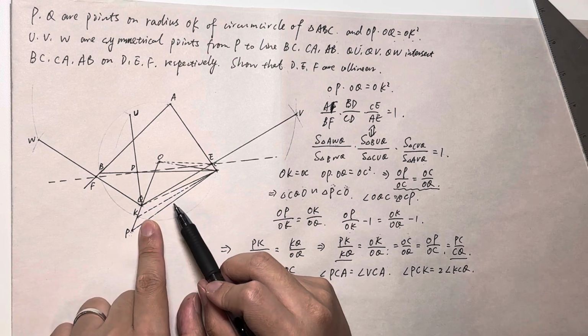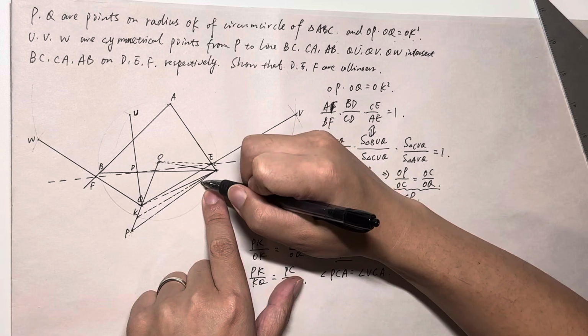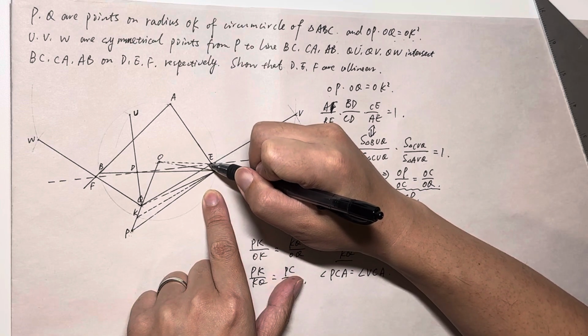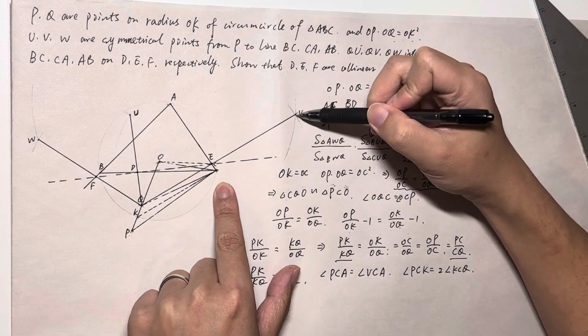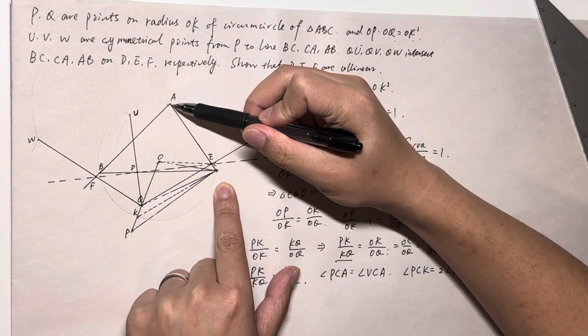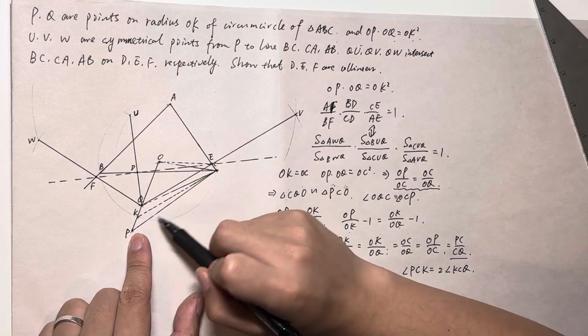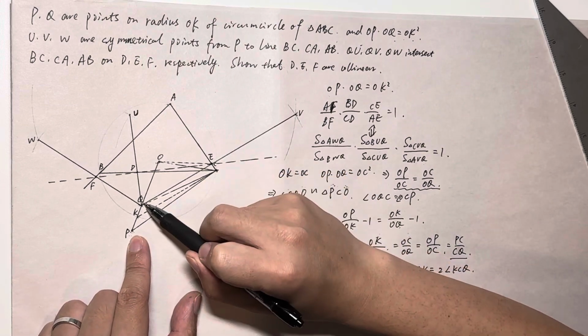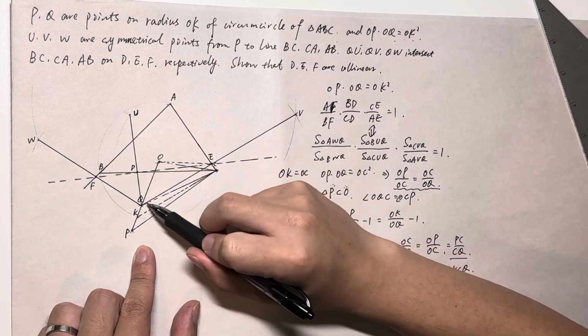So we know that, look here, angle PCA equals VCA, right? And PCQ is twice KCQ.